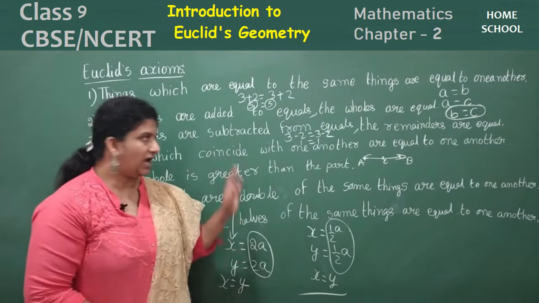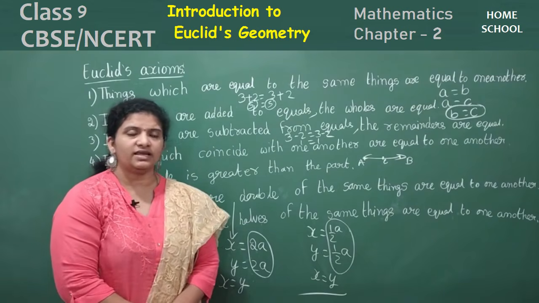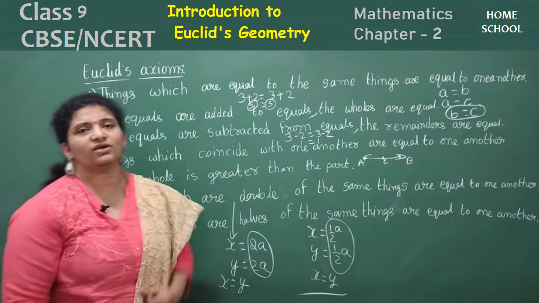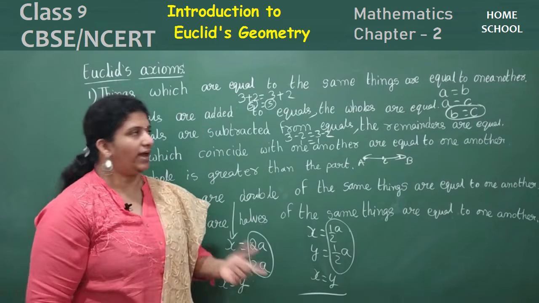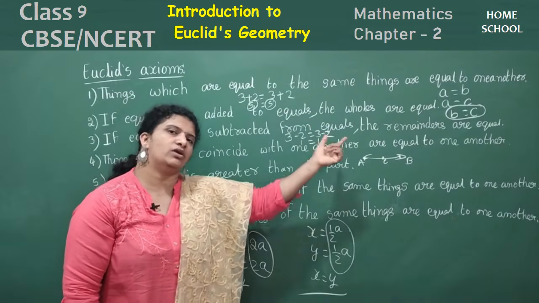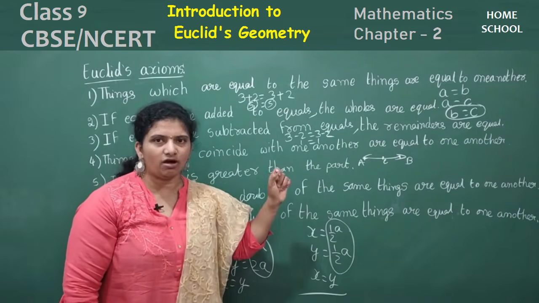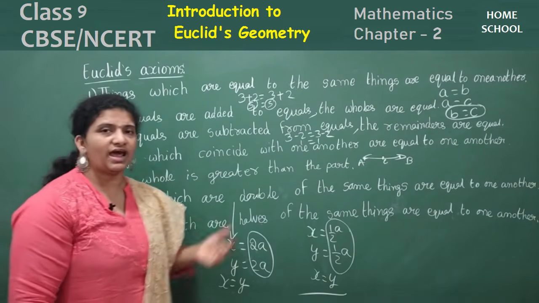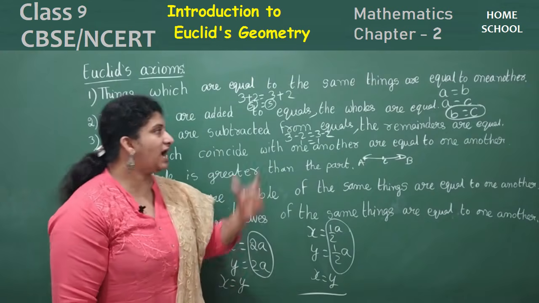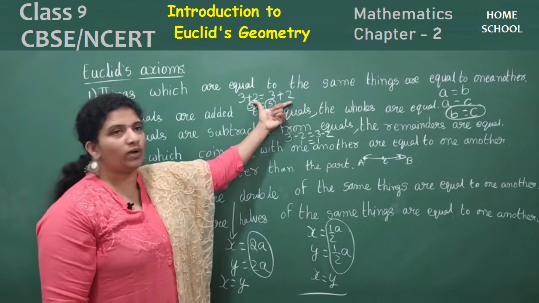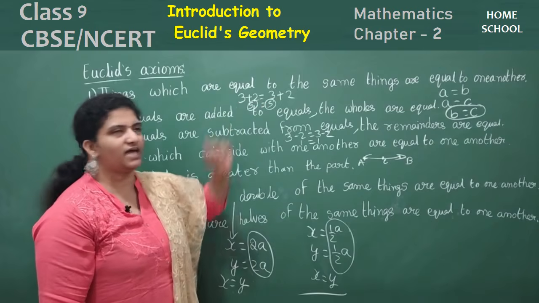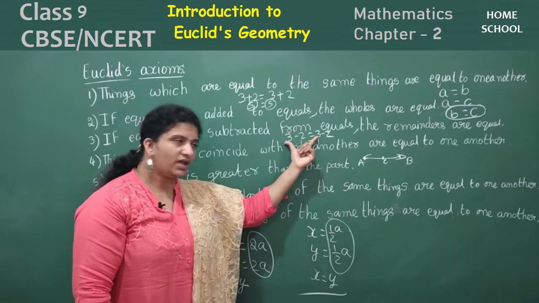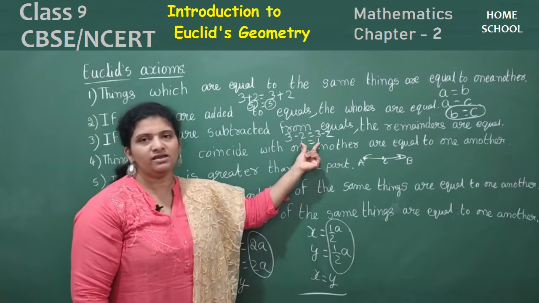Okay, once again I repeat all the 7 axioms. Listen here carefully. Axiom number 1. Things which are equal to the same things are equal to one another. We have seen with an example, A equal to B equal to C. A is common, so you can equate B equal to C. Then coming to your second, if equals are added to equals, then the wholes are equal. Then the third axiom, if equals are subtracted from equals, then the remainders are equal.